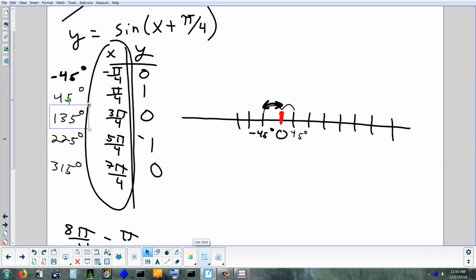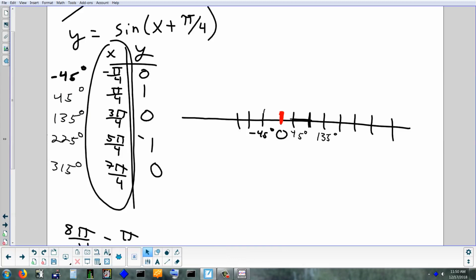Yep, 2 spaces to the right. You can't put it here. It wouldn't work because that's a gap of 45. 135 is 90 away from 45, so you have to go 2. So the point here is you end up skipping one.